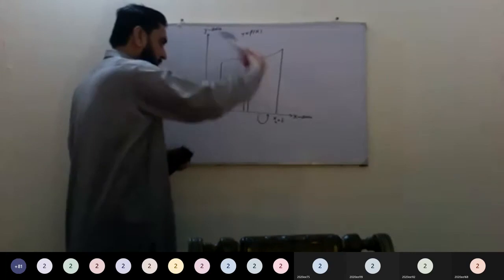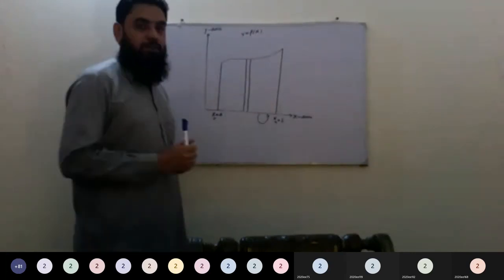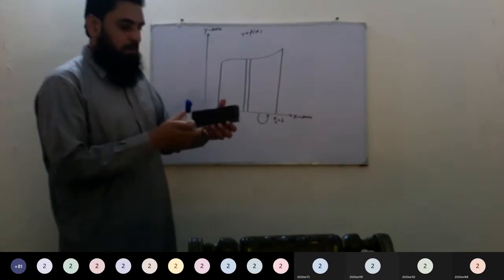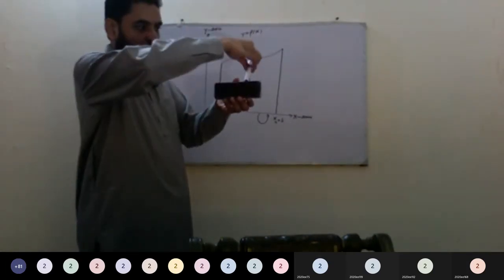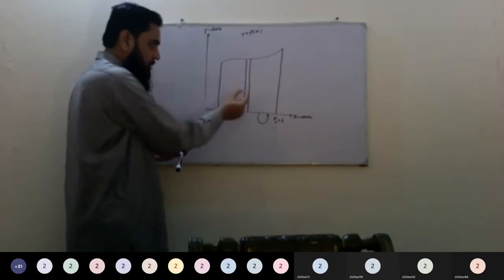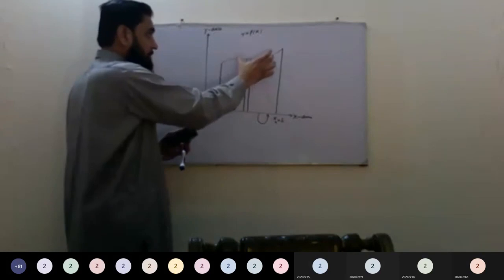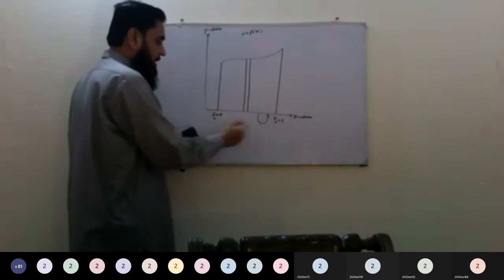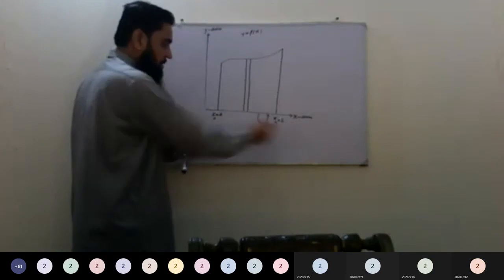The rotation is made about the x-axis, and the positive direction is always anti-clockwise. So this is one of the pieces, rotated about the line x-axis. It's a two-dimensional object. Remember the whole thing: y is equal to f of x, bounded by a from the left and by b from the right. These are the limits, the boundaries.